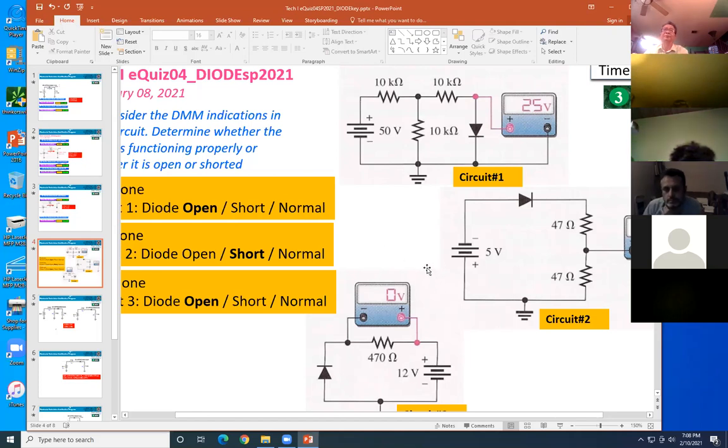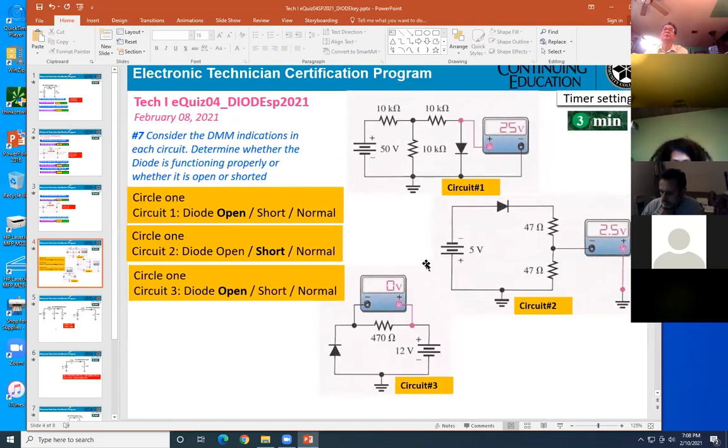Number 2, they get 2.5 volt. So that diode will be what? Short, because it's as though it didn't exist. It's acting as though the diode wasn't even there at all.